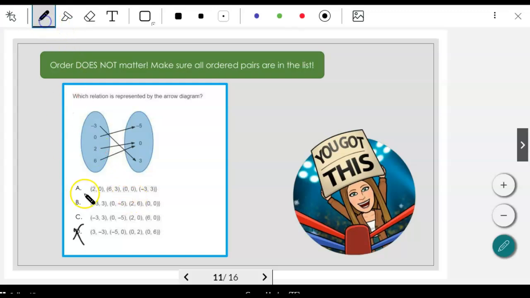So we will eliminate A. All right, B, we're looking for 0, -5. Here it is. And here it is. So those still stay. All right, next one, 2, 0. This says 2, 6. So that's not working. So just make sure C is correct. You also need 6, 0, yes. Correct answer is C.